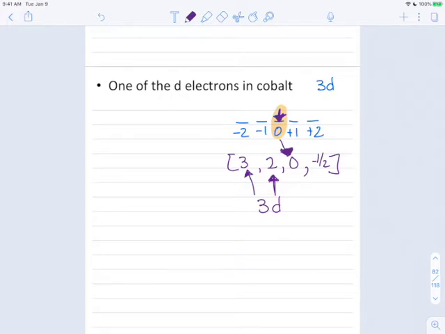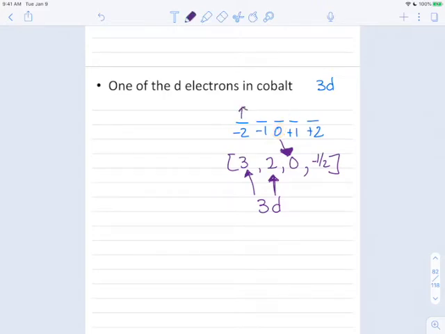Any questions on what we've done here? Yes, so Jervin's asking, hey, could we do anything else for that orbital? And yes, you might say, hey, I'm not a 0 kind of person. That's just not the way I want to live my life. You could have put it over here.